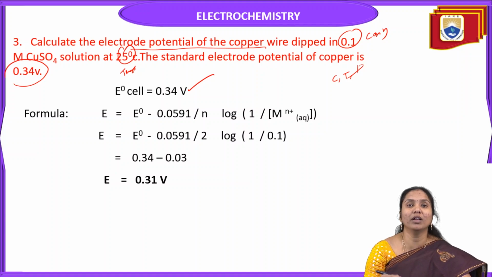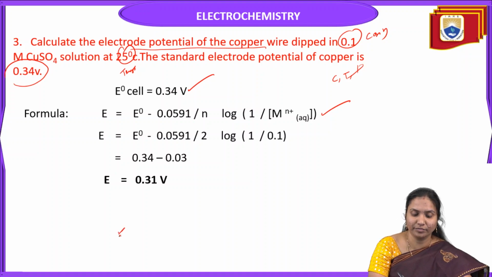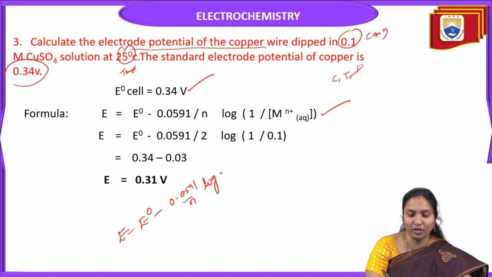What is the formula of the Nernst equation? E equals E naught minus 0.0591 by n log 1 by concentration of M n plus, or otherwise E equals E naught minus 0.0591 by n log concentration of products by reactants.